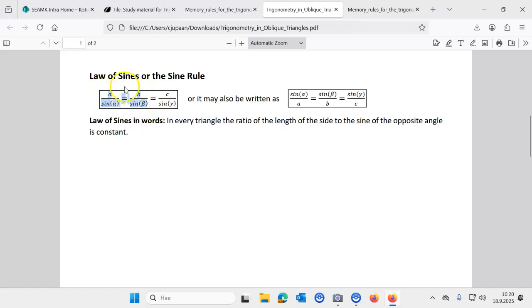For example, this equation here, or this equation here, or then the first one here equals the third one here. It means that this left hand side equals the right hand side here. So it is possible to write 3 equations from this rule.